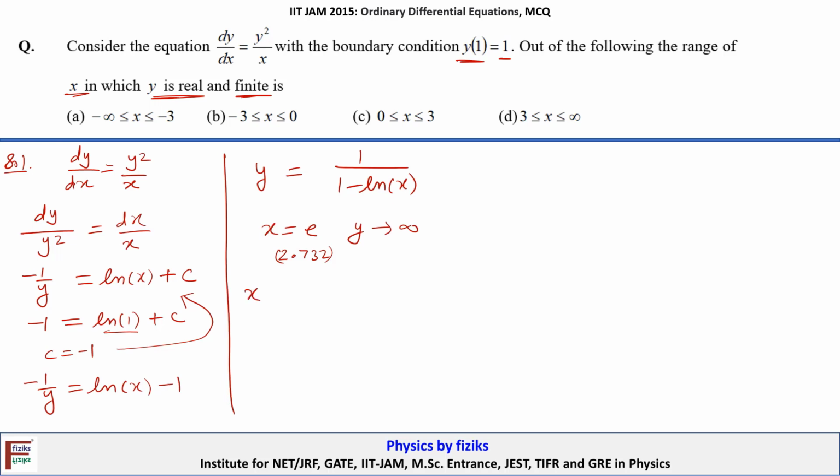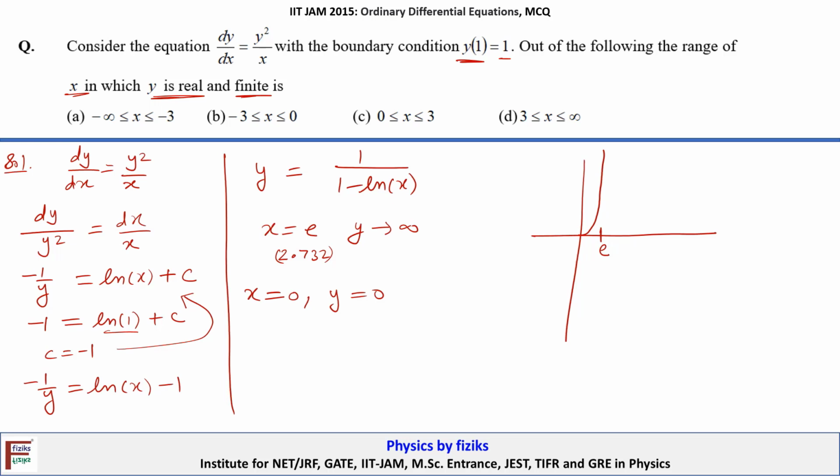Now what is the behavior of this function between 0 and e? From 0 to e, y is increasing up to infinity. At the value of e, it becomes infinite.